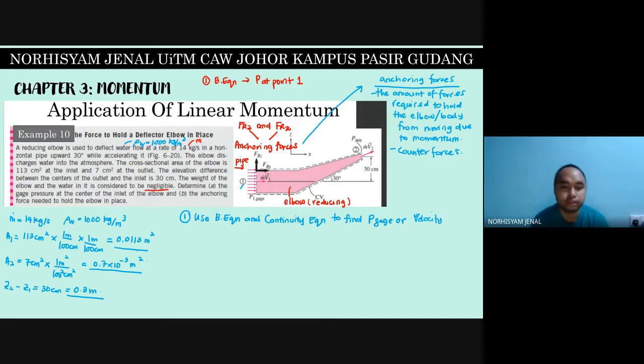All right. So first, we can see over here, the question asks us what is the gauge pressure. So in terms of pressure, what you need to do, we don't have any manometer. So we need to use Bernoulli equation.